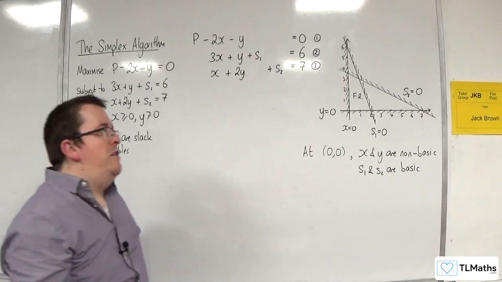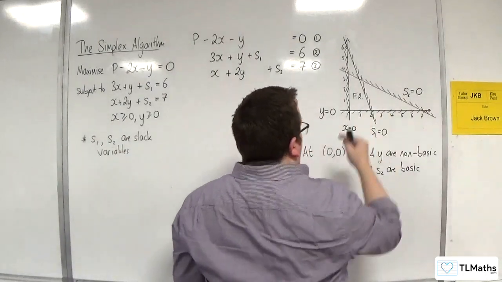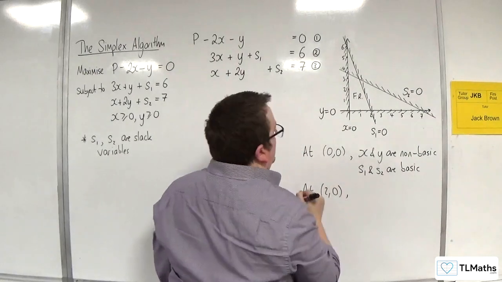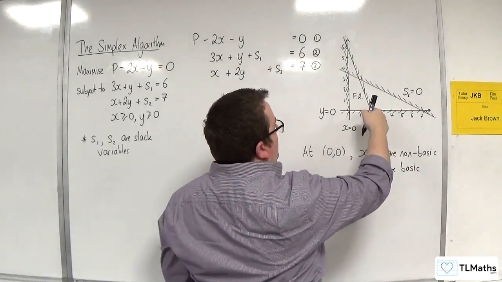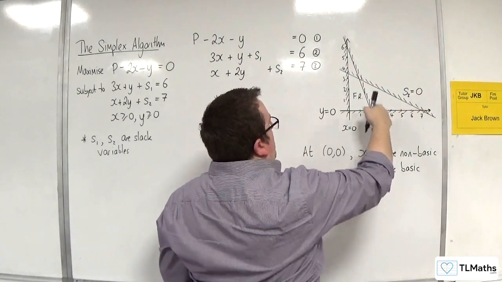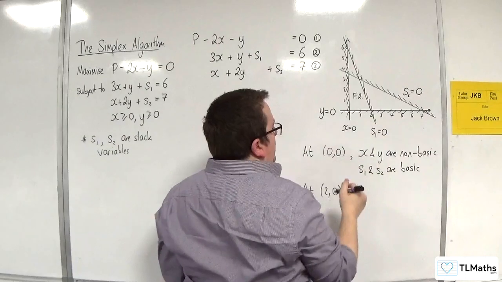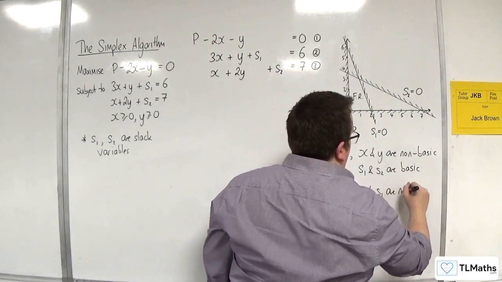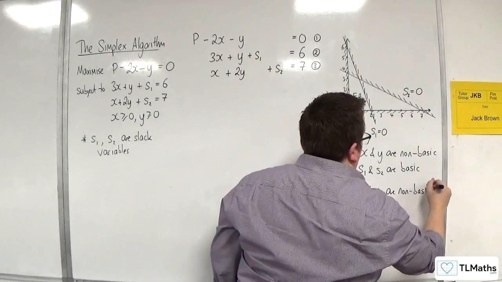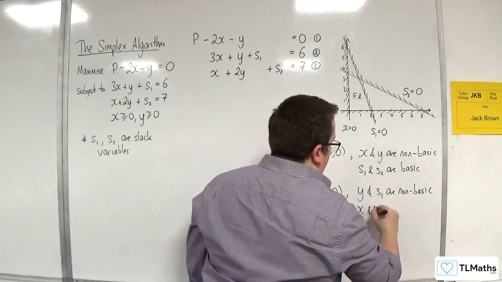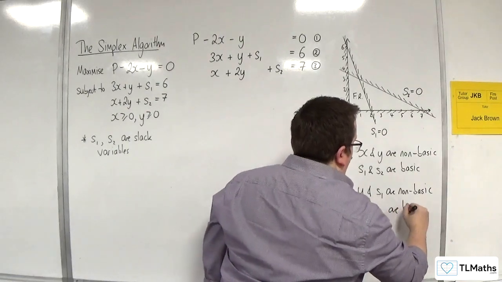Okay? Whereas if I am at 2, 0, then at 2, 0, that is the intersection of y is 0 and s1 is 0. So at that point, y and s1 are non-basic, whereas x and s2 are basic.